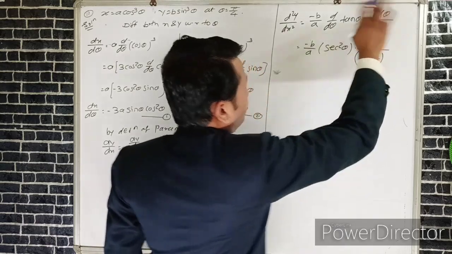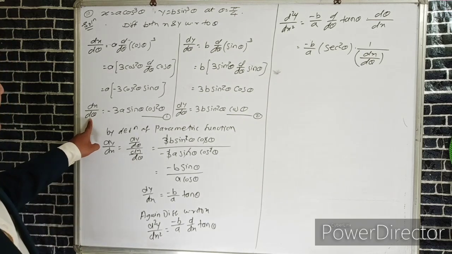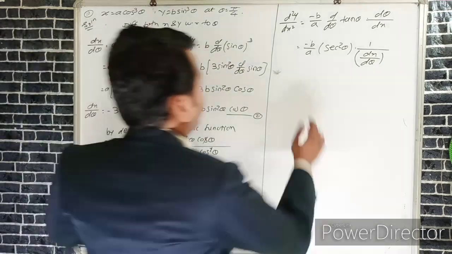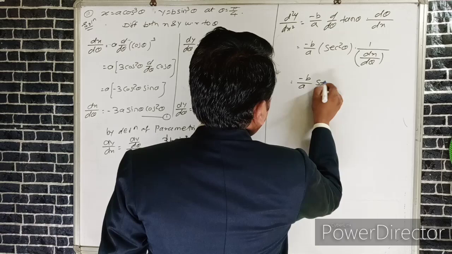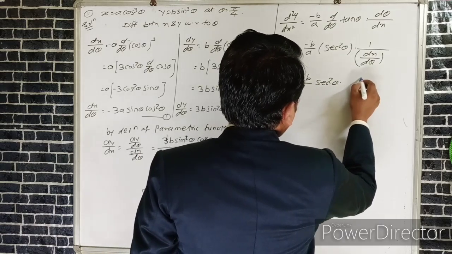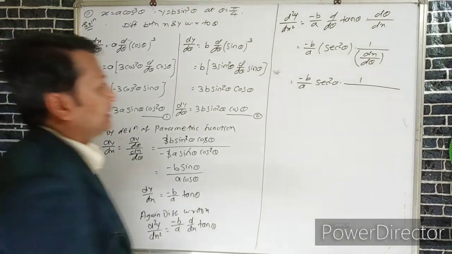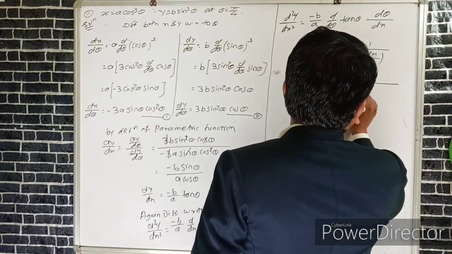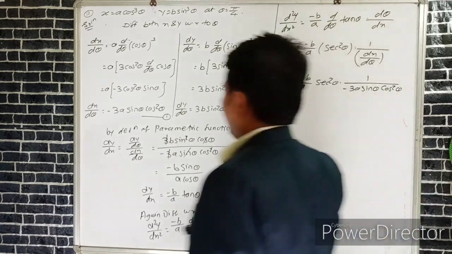D theta becomes the denominator. We know that dx upon d theta is minus 3a sin theta into cos square theta. We can write it as minus b upon a sec square theta into 1 upon dx by d theta, which is minus 3a sin theta into cos square theta.